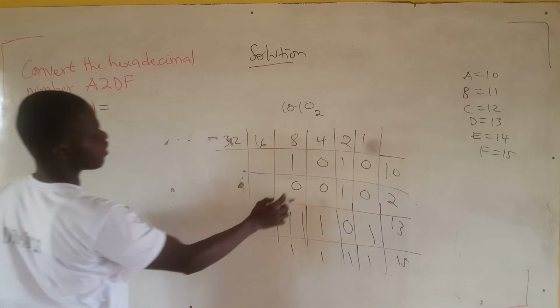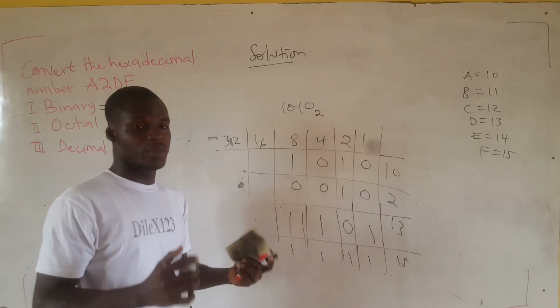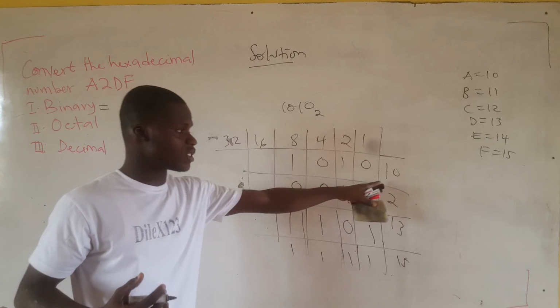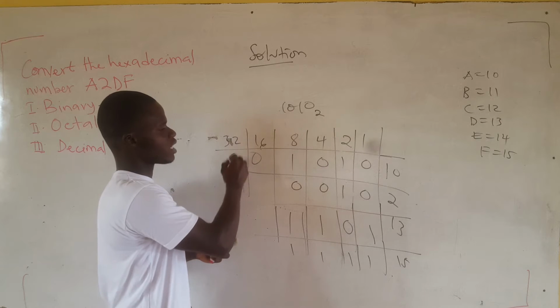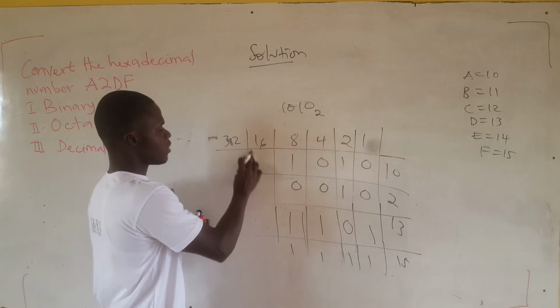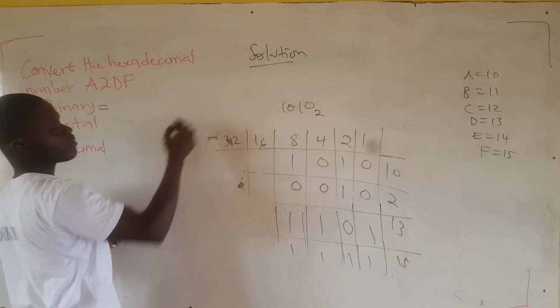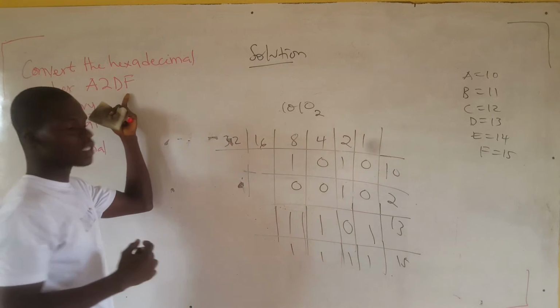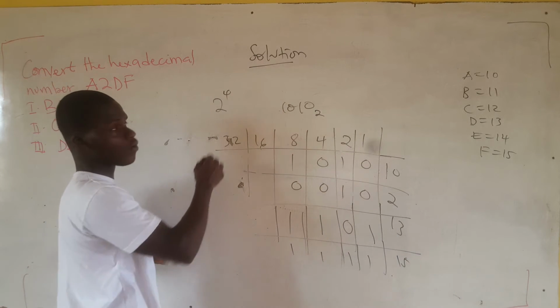The reason we use only 4 numbers: we can use more than 4 numbers to represent 10. If we want to use 6 numbers to represent 10, we just need to keep adding zeros. But the reason we are using 4 numbers is because the number given to us is in base 16, and 16 is written as 2 exponent 4.